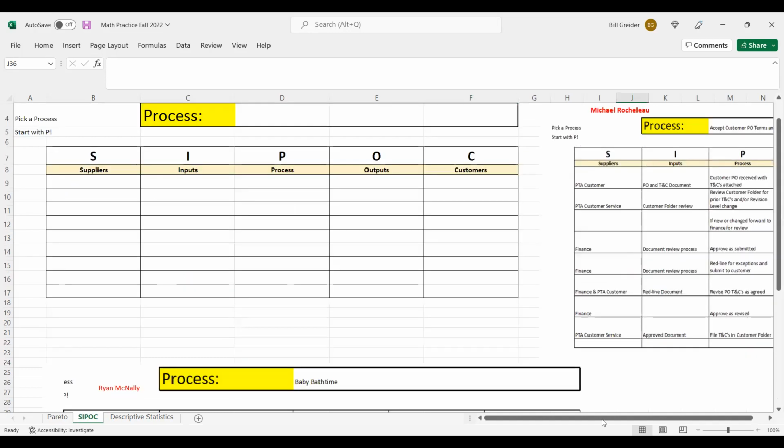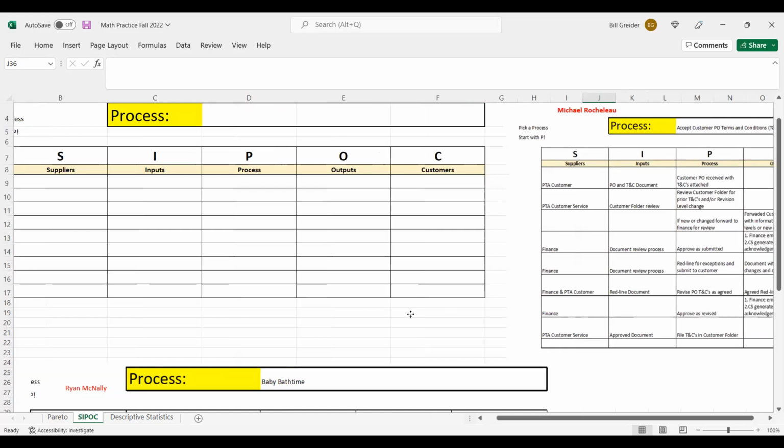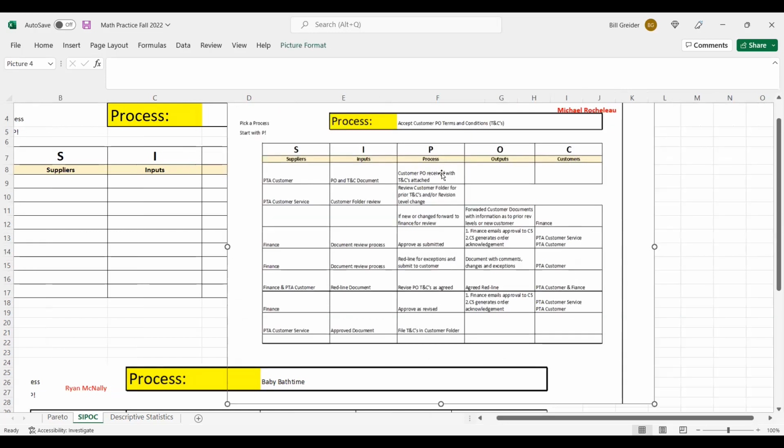And Michael Rochelo, see if I can move that over. He started with a business process, which is really cool. Accept customer PO terms and conditions. So the process is customer POs received with the terms and conditions attached. And we review the customer folder for prior terms and conditions and or revision level change.